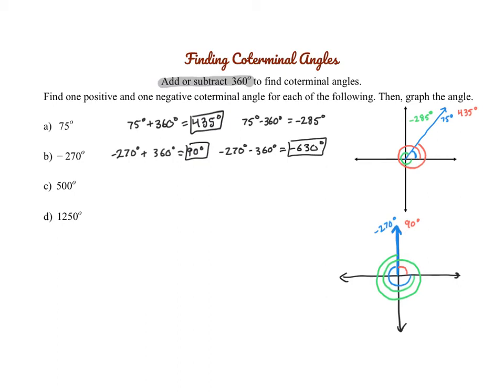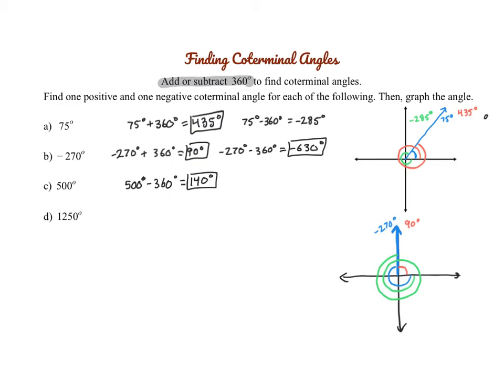Okay, let's look at part C. Here we have 500 degrees. We could add 360 to get another positive coterminal angle, but we could actually subtract 360 and it would still be positive. So I'm going to do that just as an option. There's actually an infinite number of answers you could give. So 140 degrees would work. I'm going to do this one down here.